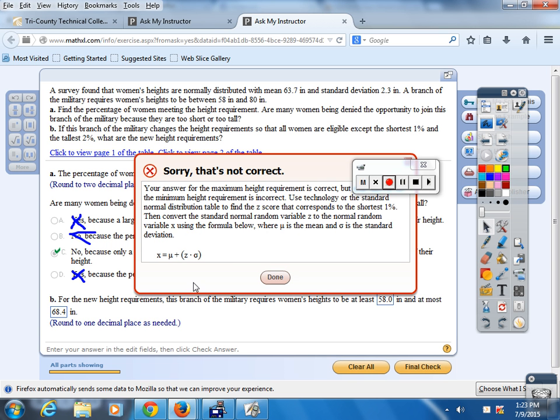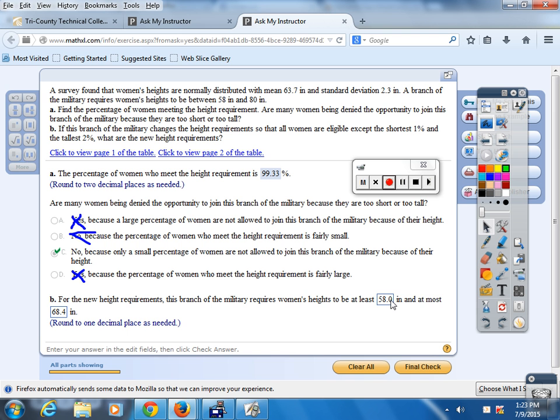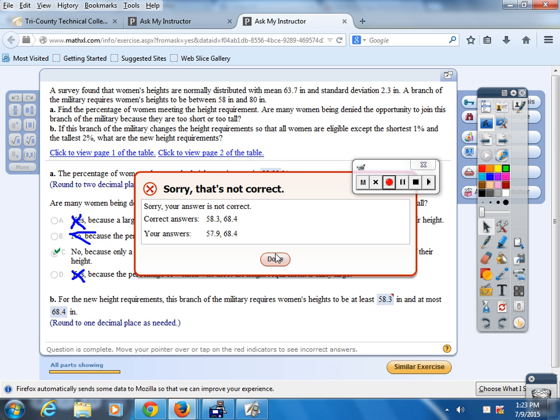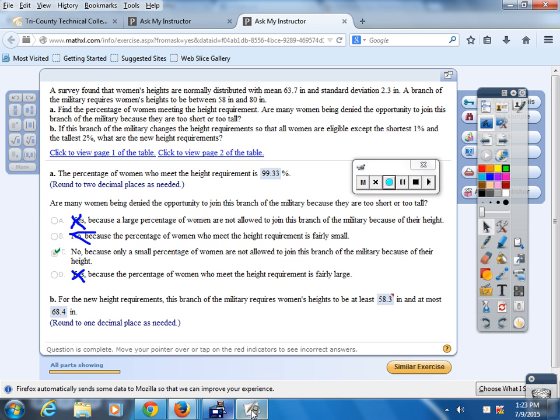Change it to 57.9. Well, I thought y'all said it was. Okay, 58.3. What did we get?